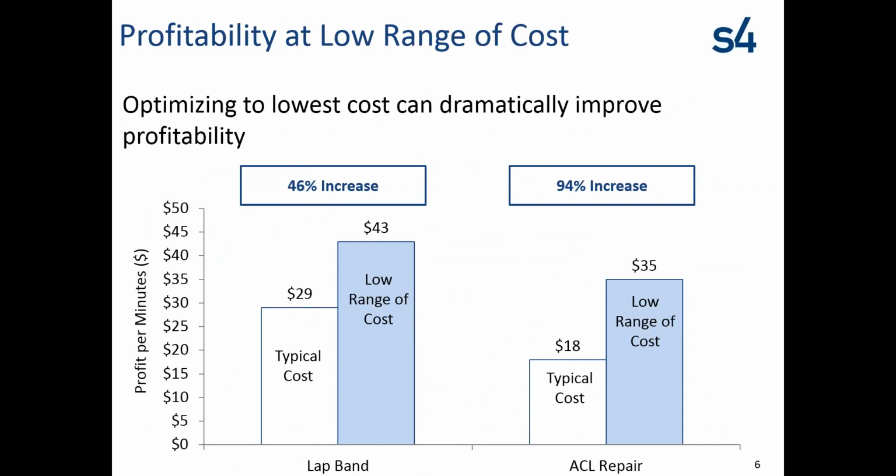We see the same thing on ACL repair. And on these two cases, as with most of the analytics you're going to see today, we're focusing on the med-surg and pharma portion of the case cost. So the ability to control utilization of the right supplies on these cases, based off of best-in-class analytics, has a tremendous impact on the profitability at facilities. Next slide, please.